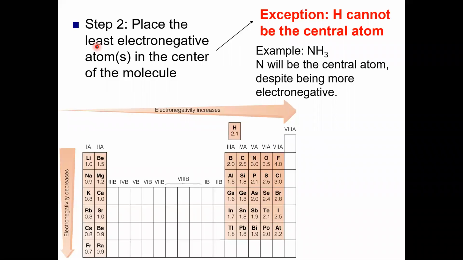So if we look at this electronegativity chart, we need to compare the electronegativity of hydrogen to the electronegativity of nitrogen. We see that the least electronegative of these two is actually hydrogen. But hydrogen can only form up to one bond because hydrogen can only have up to a duet. So it cannot be the center atom.